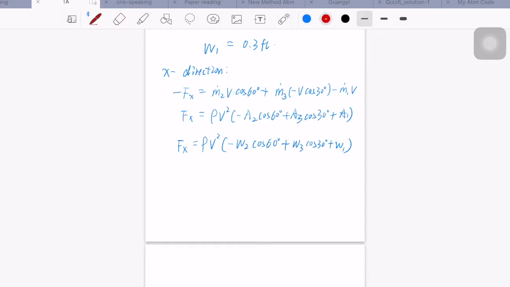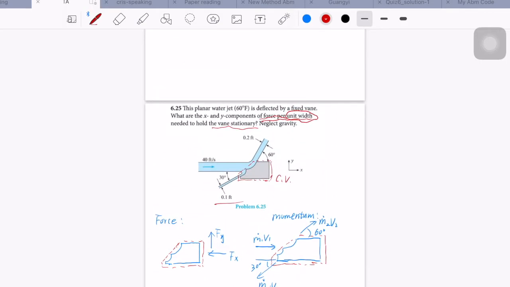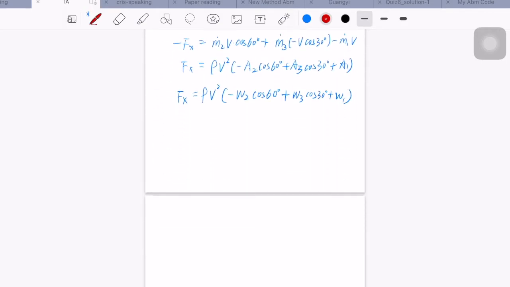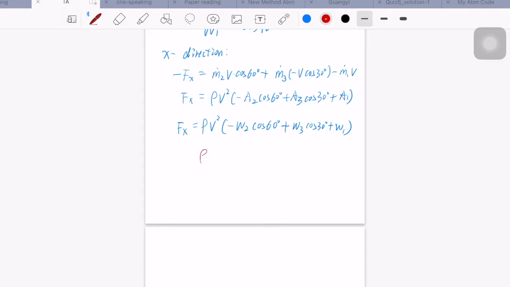And when the water temperature is 60 degrees Fahrenheit, we can find that the density of the water should be equal to 1.94 slugs per cubic foot. And we know V equals 40 feet per second, and W1 equals 0.3 feet, W2 equals 0.2 feet, and W3 equals 0.1 feet.